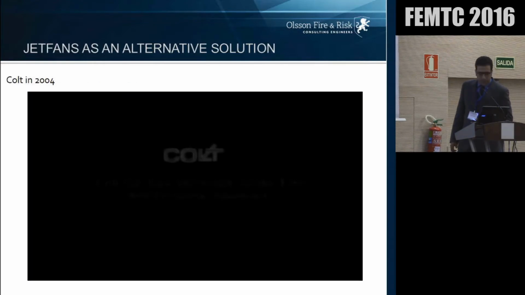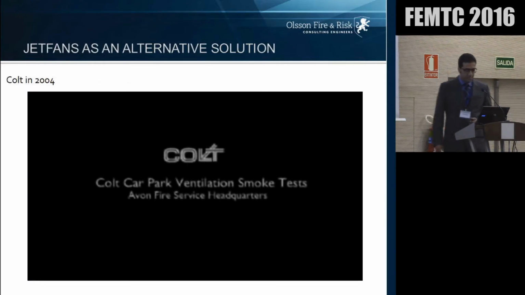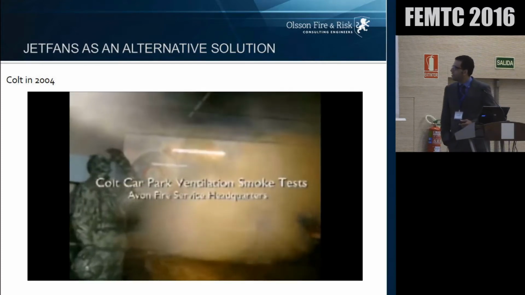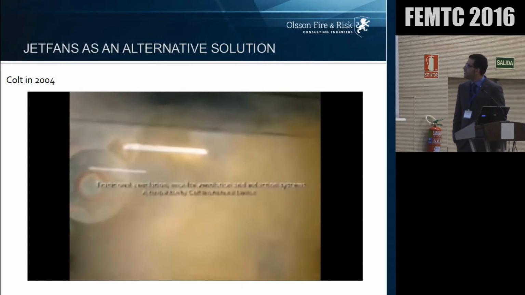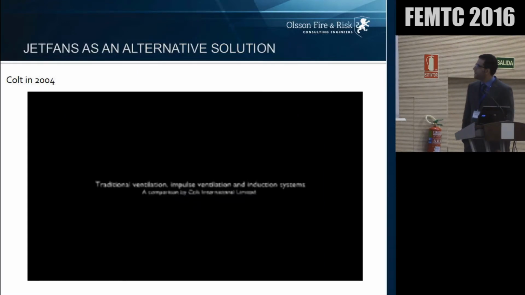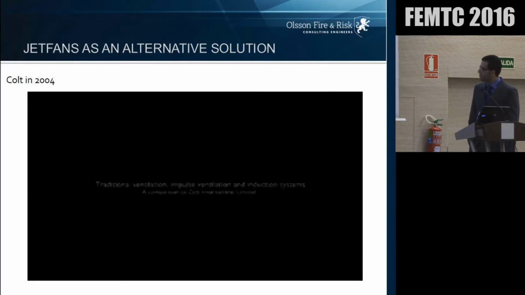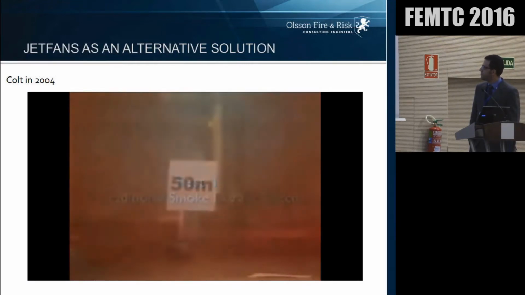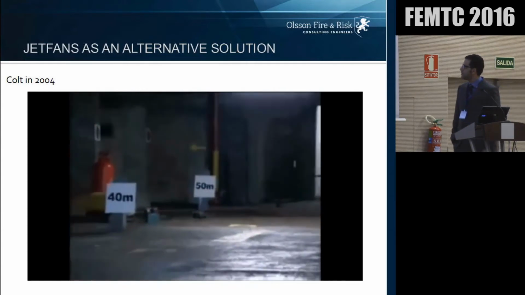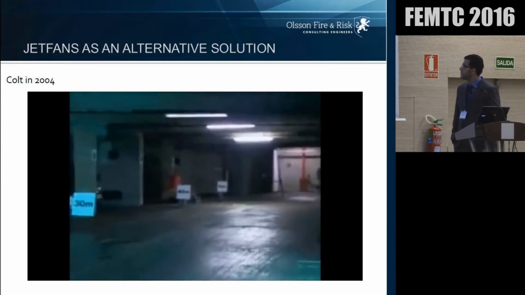What they did actually, if we can play this video shows edited highlights from the Colt car park ventilation demonstrations carried out in October 2004 in an underground car park at the Avon Fire and Rescue Service HQ in Bristol. The purpose of the demonstrations was to compare for the first time the smoke clearance abilities of traditional ducted extract and of impulse ventilation systems.